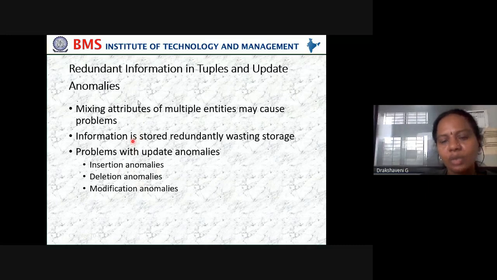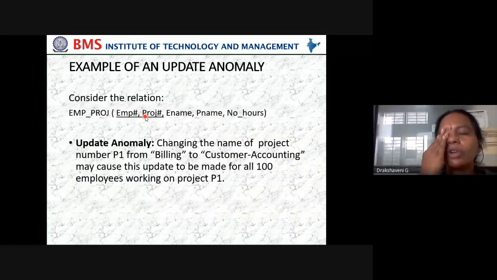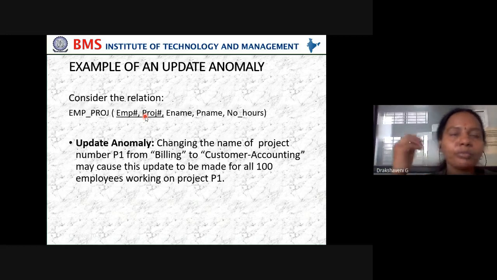These are the things we'll be seeing. First, update anomalies. If there is a project called P1, and 100 people are working on that project, and you want to change its title from billing to customer account, then we have to update the project title for all 100 employees.